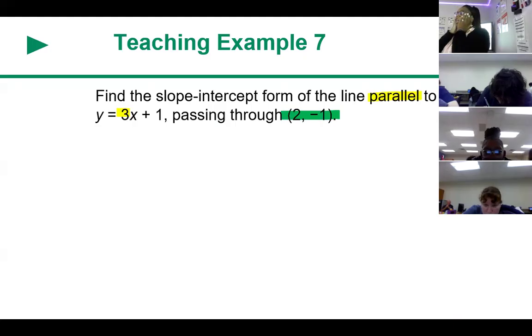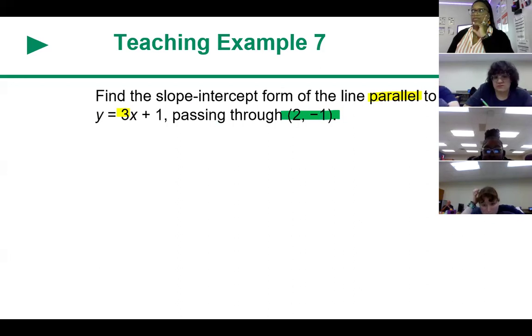So, if I'm giving the slope and a point, what do I do? Anybody? Everybody? If I'm given the slope and the point, what do I do?